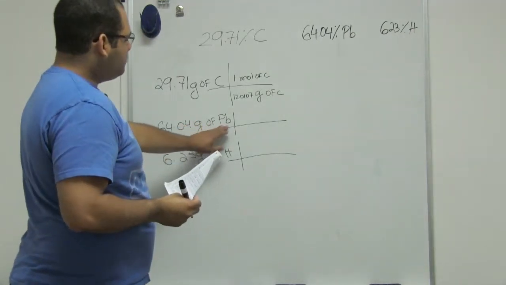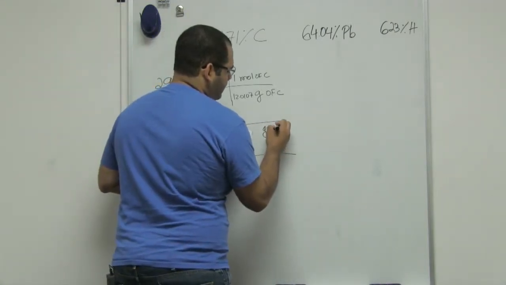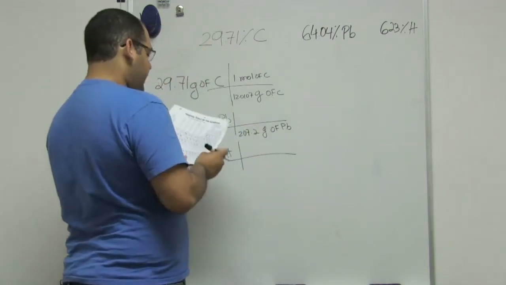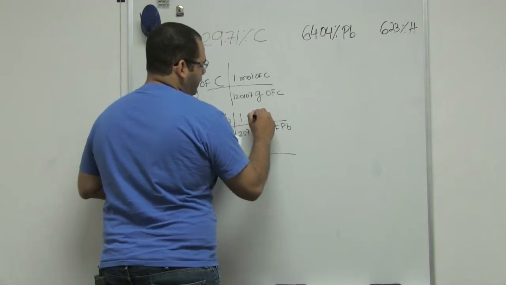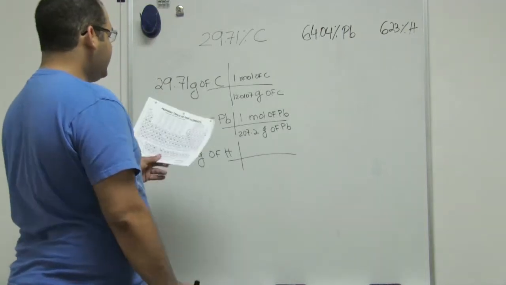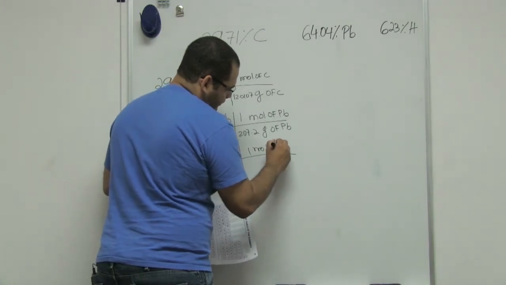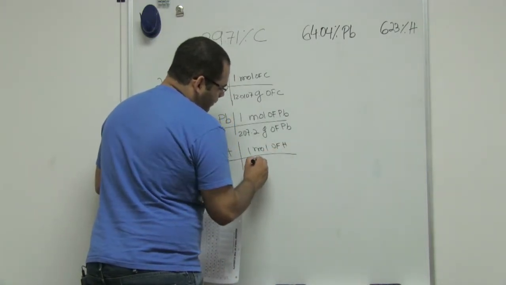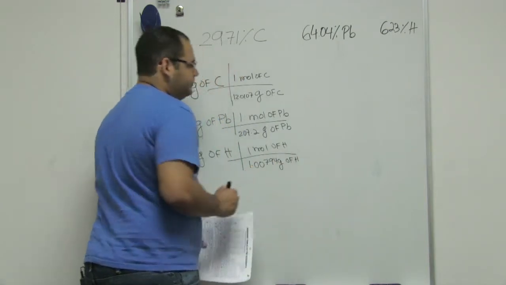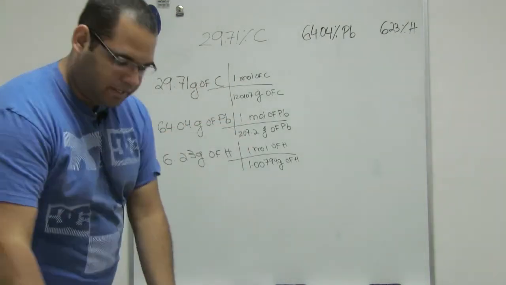Then I go for lead, and I know that it is 207.2 grams for every 1 mole. And then I go for hydrogen, and I know that 1 mole of hydrogen has 1.00794 grams of hydrogen.